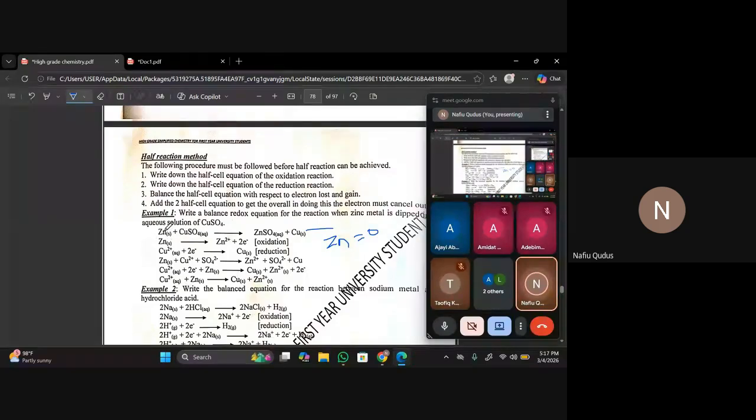Zn here is 0, right? But let us find the oxidation number of Zn in ZnSO4, which is equal to 0. Are we together?